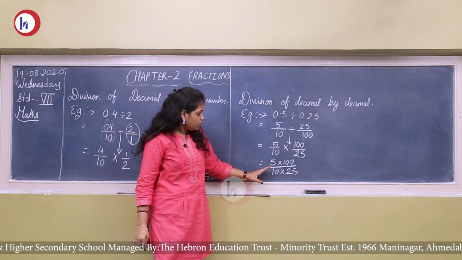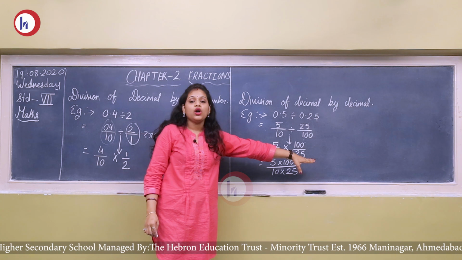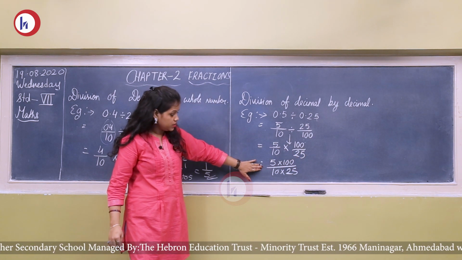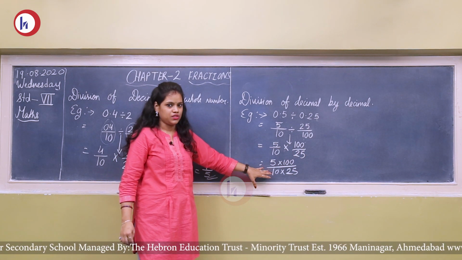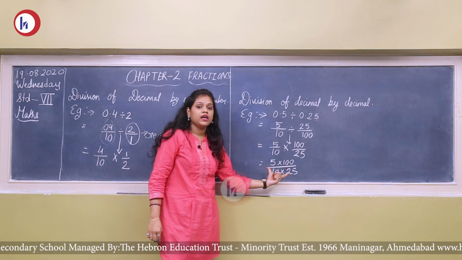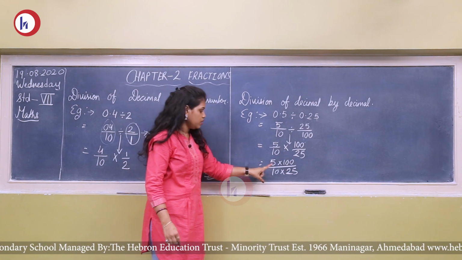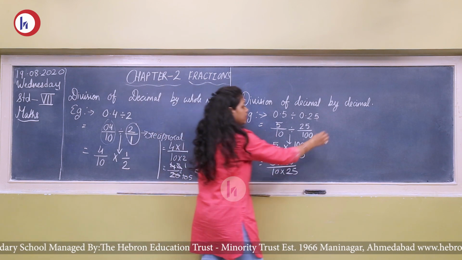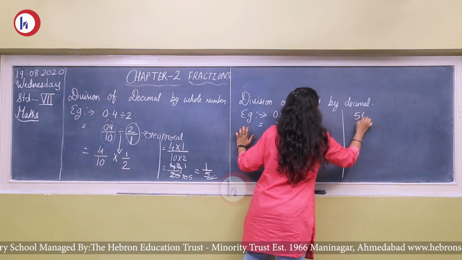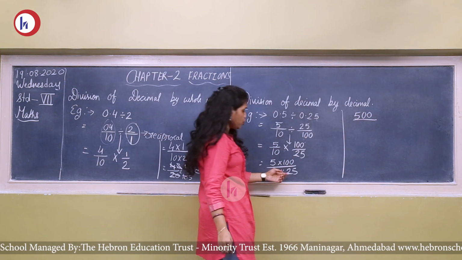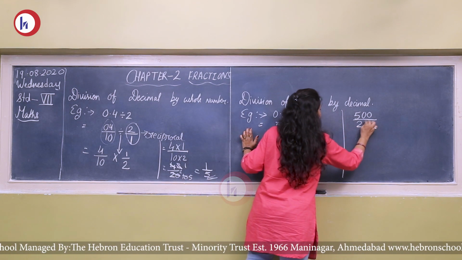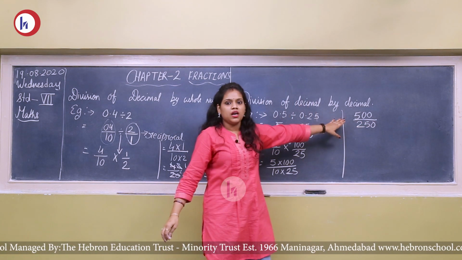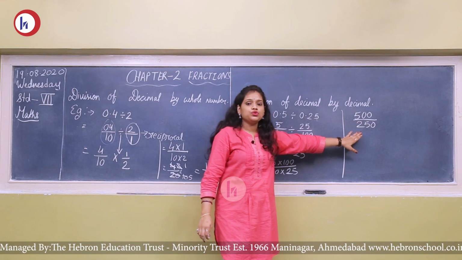Now before multiplying and getting your answer, what you can do here is reduce it to the simplest form. If you multiply first, you make a complicated answer. Like if you multiply 5 with 500, you will get 500 upon 25 into 10, which gives 250. Now this becomes a bit complex number to reduce.